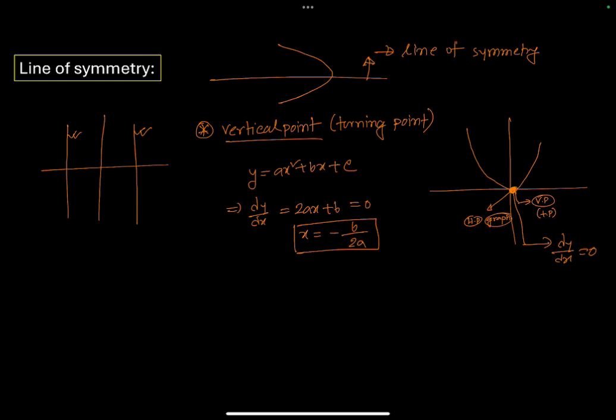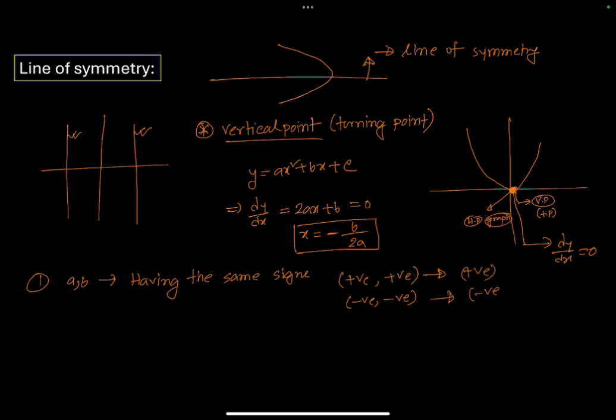Now here we can see that the equation of the line of symmetry has a negative sign. So if a and b have the same sign, both positive or both negative, the ratio of two positive numbers is always positive, and the ratio of two negative numbers is always positive.